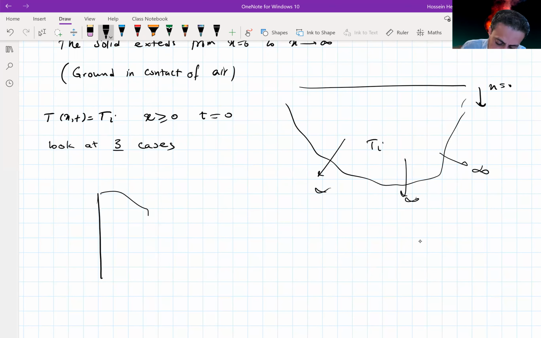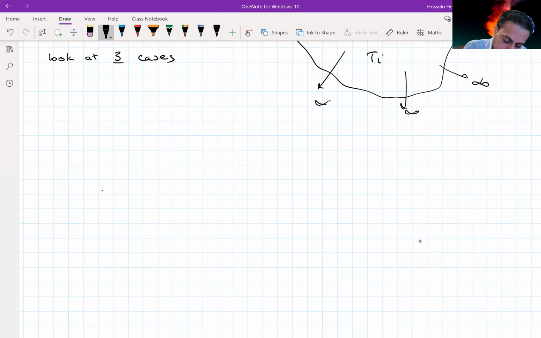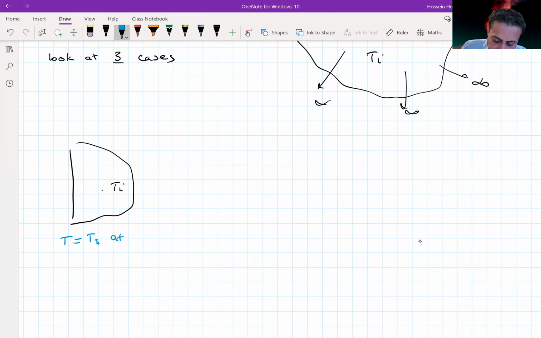So let's assume this is the solid that we have. Everywhere is Ti, and then the boundary condition: the surface temperature is Ts at x equal to 0 and t greater than 0, where this Ts is constant.